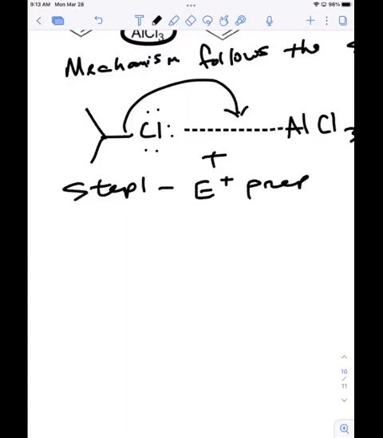So you're not making, remember when we did organometallics, you had this covalent bond between carbon and metal. Here it's what we call a coordinate covalent bond. So it's just one atom furnishing a pair of electrons and mingling with the empty orbital on the metal, right? Okay. That's a great question.